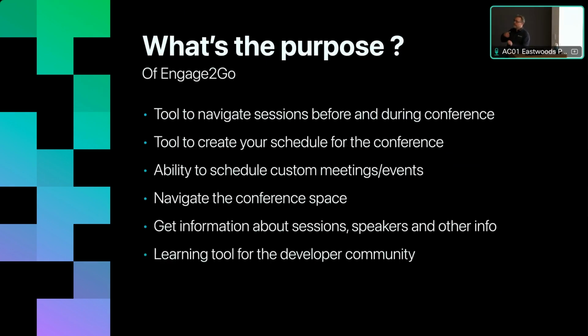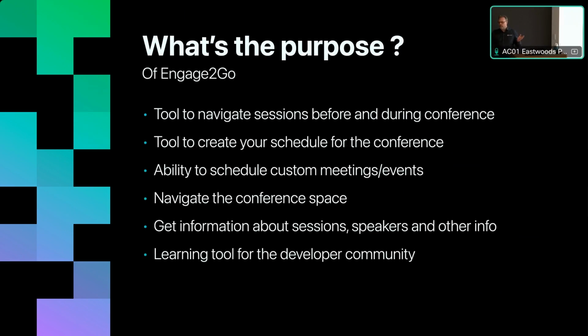So what's the purpose of the Engage to Go app? Well, first of all, it's supposed to be a tool for navigating this conference for all of you, right? And it should be a tool where you can create your own schedule, because there's so much to choose from, right?